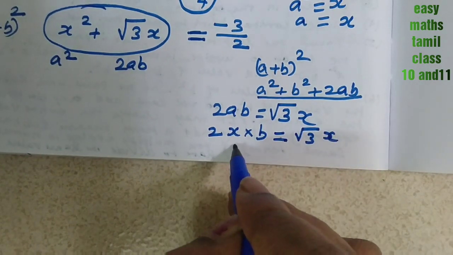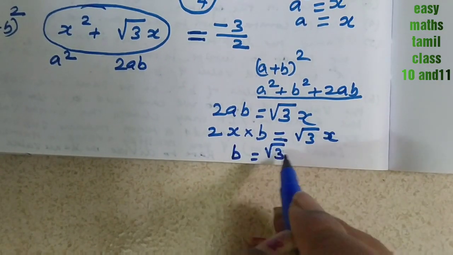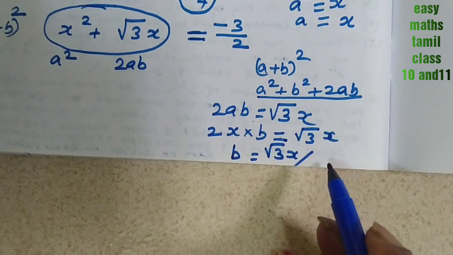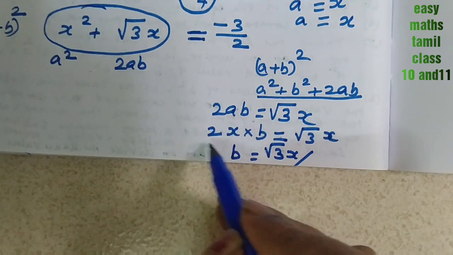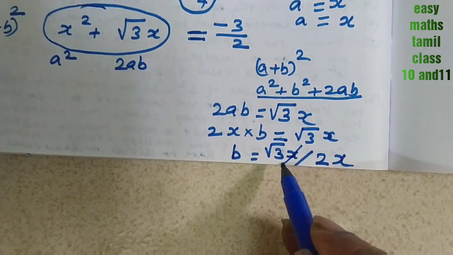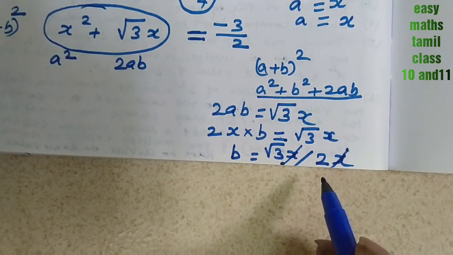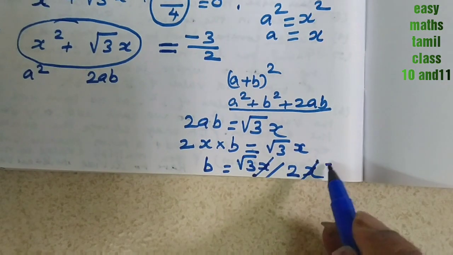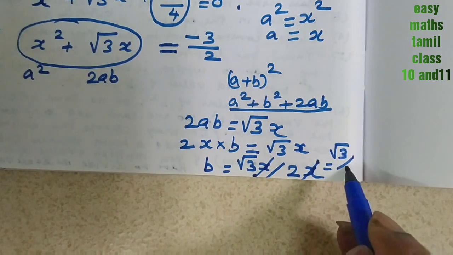Now b equal to root 3 into x divided by this 2x. After taking to the other side of this equation, this will go to the denominator. So cancel x in the numerator with the x in the denominator. Now the value of b is root 3 by 2.